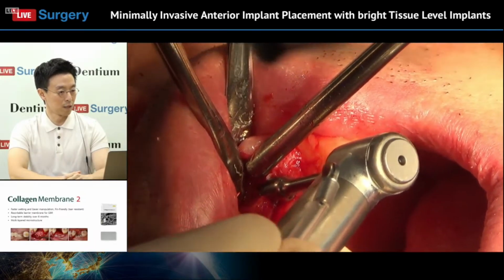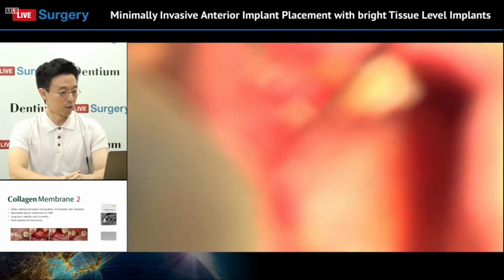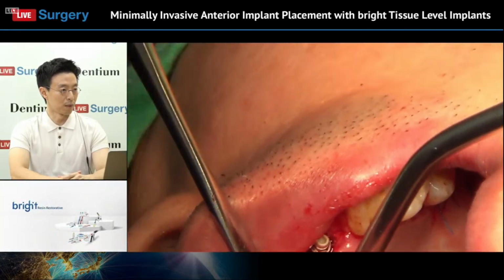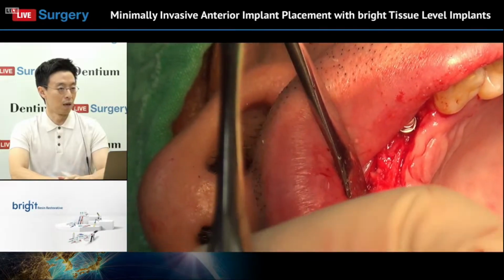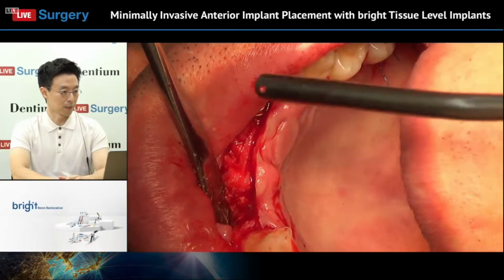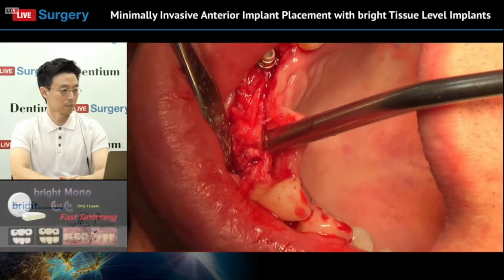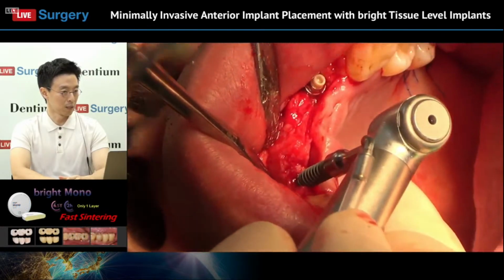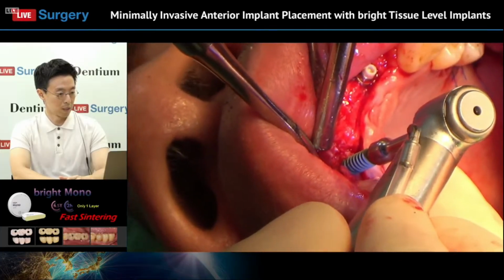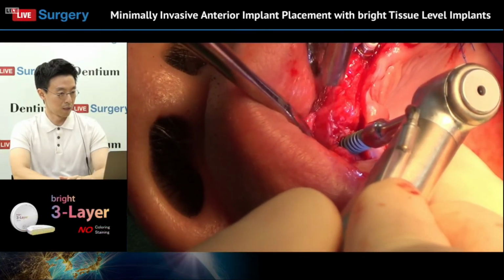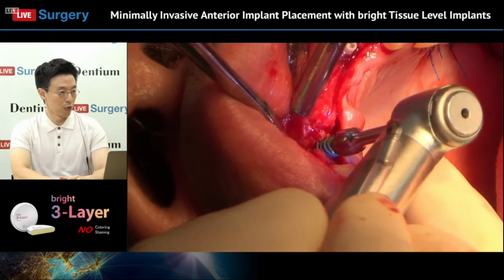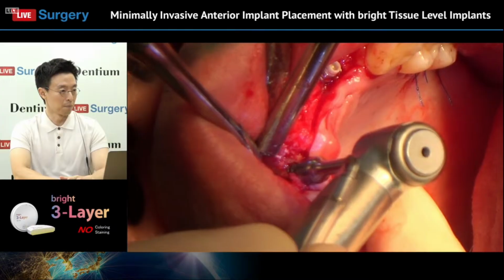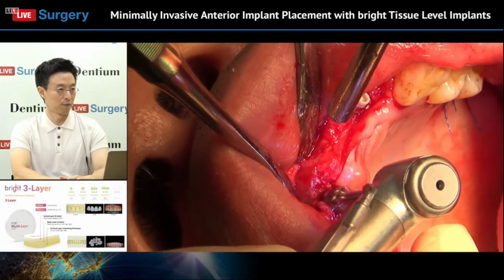I'm placing the 2.5 millimeter diameter bright tissue level implant on left side. On right side, I'm placing the 3 by 11 bright tissue level implant fixture.